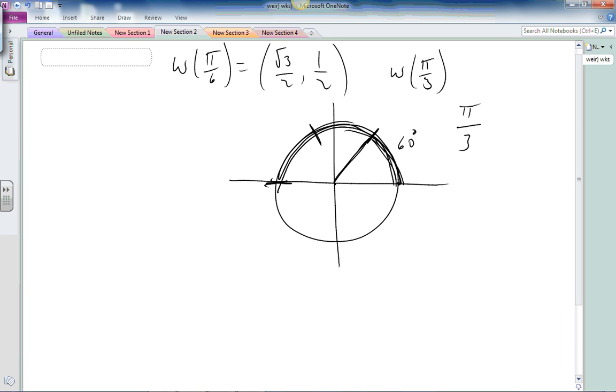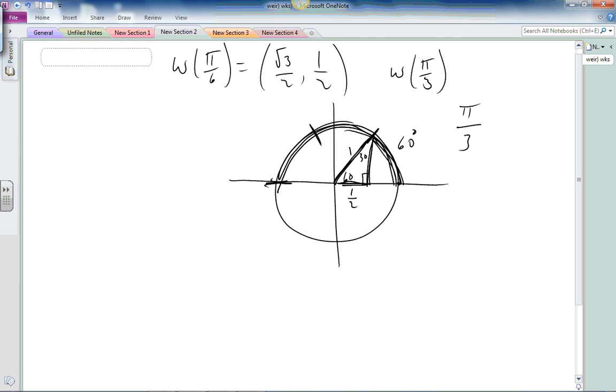So really what I have, if I look at this triangle right here, is a 60, 30, 90-degree triangle. And I know that this is 1 because it's a radius. So it's really not much different from the way I developed the 30, 60, 90 triangle. Since this hypotenuse is 1, because the radius of the circle is 1, because I'm assuming it's a unit circle, the short side would have to be a half.